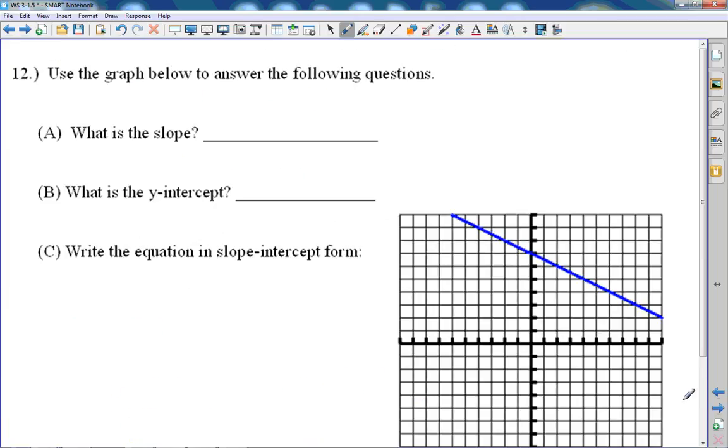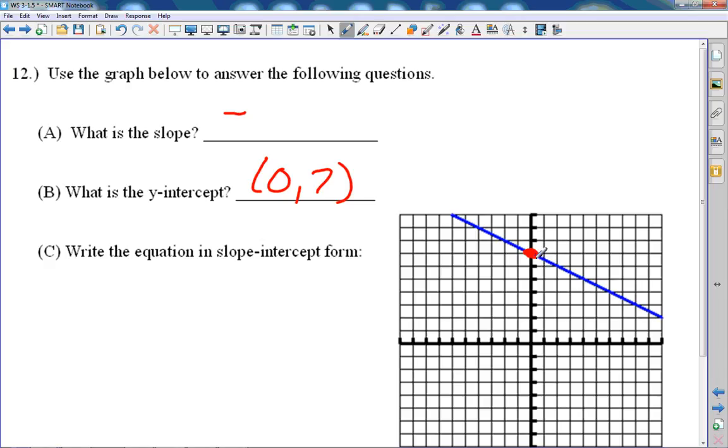All right, here's the next one. What is the slope? I know my line is going down, so it's going to be negative. Oh, but you know what? I don't even like starting there. I want to go to my y-intercept. I want to start here: 1, 2, 3, 4, 5, 6, 7. (0, 7). Now I can start. Let's do my slope. Down 1, over 1?